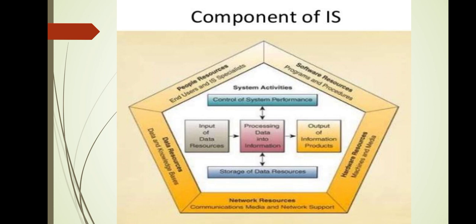Second, software resources, which are programs and procedures. Third, hardware resources, machines and media. Network resources, communications media and networking support. These all include the data resource, data and knowledge. These are all the basics of information system.